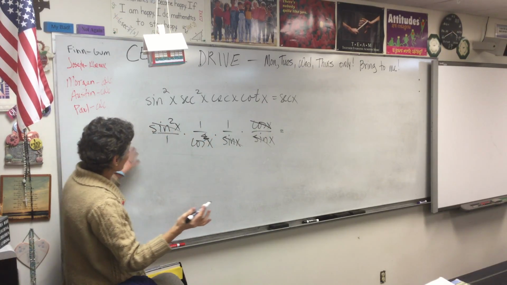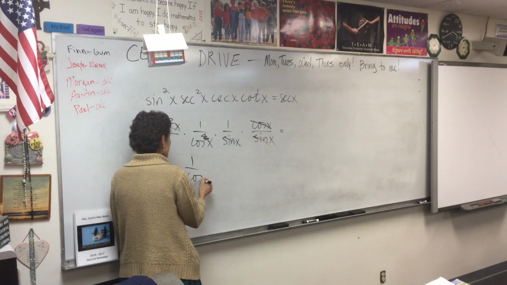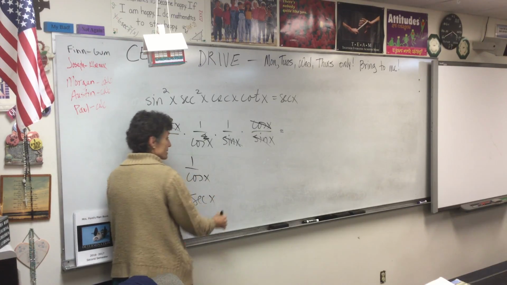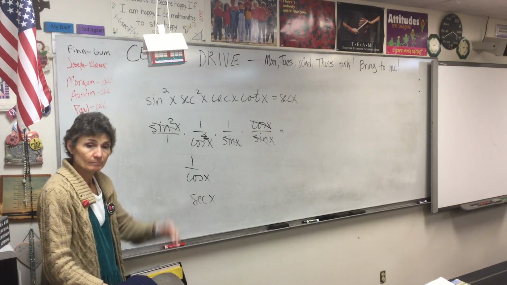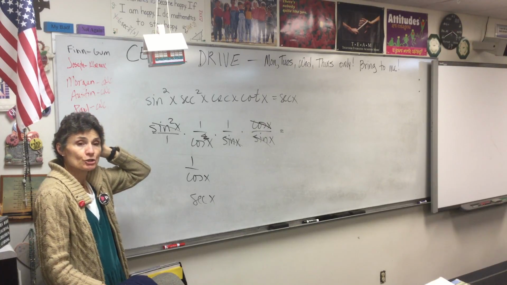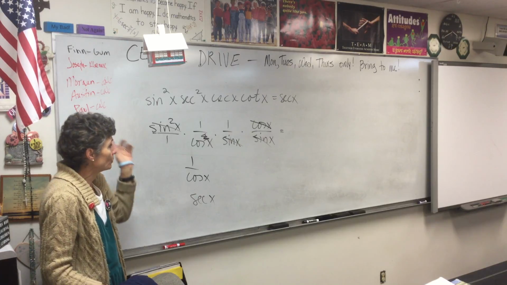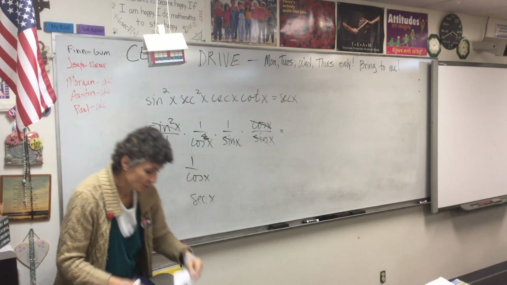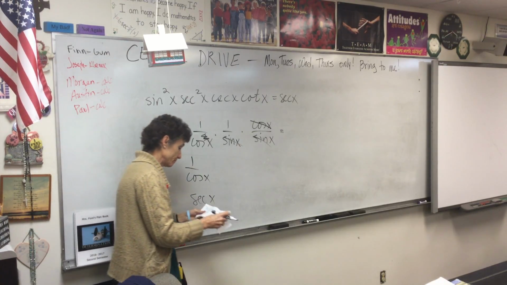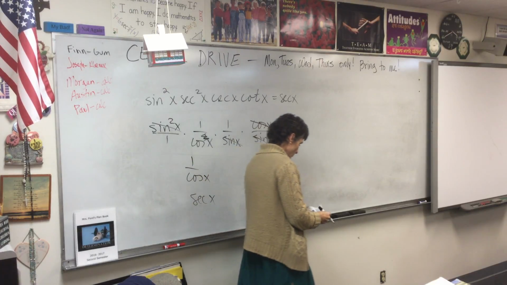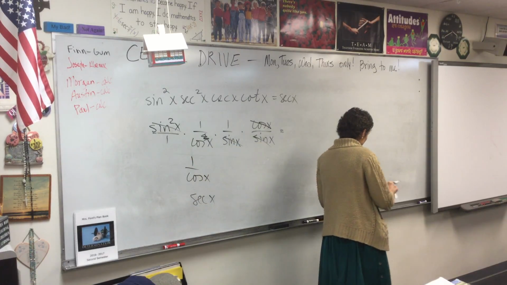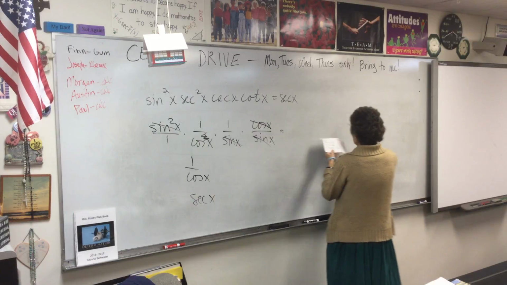And all I have left is 1 over cosine, which is secant. So if you had number 2, that is a possible solution. Possible proof. All right, and then the last one, number 3.